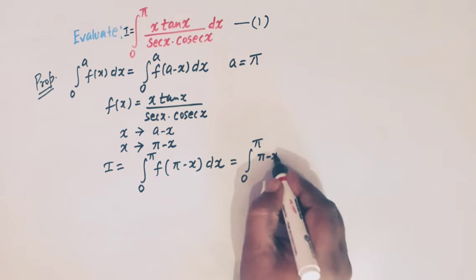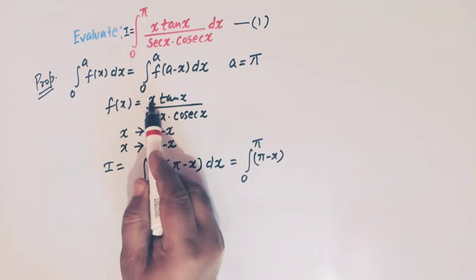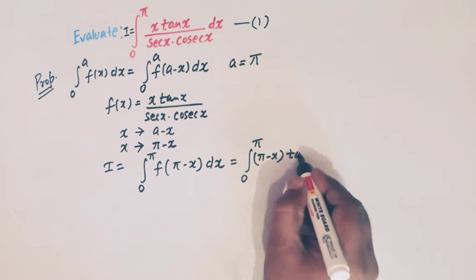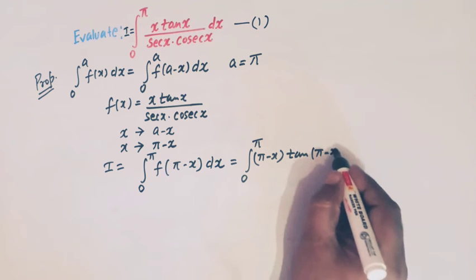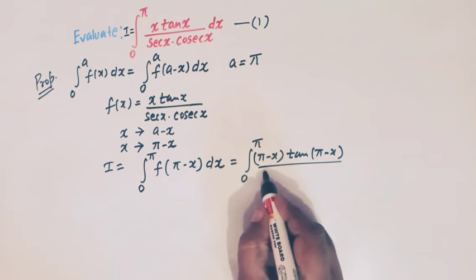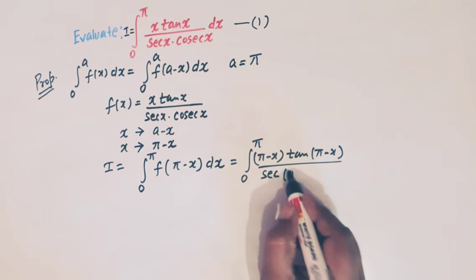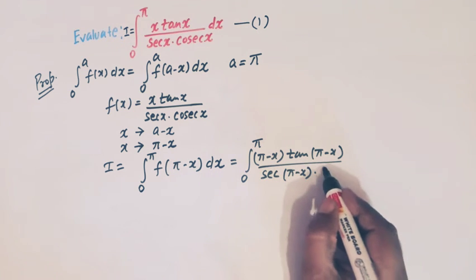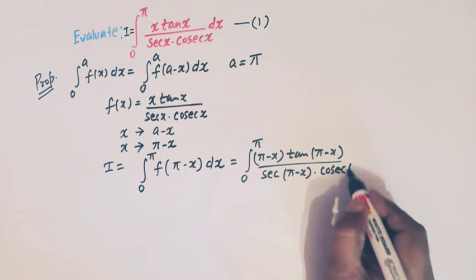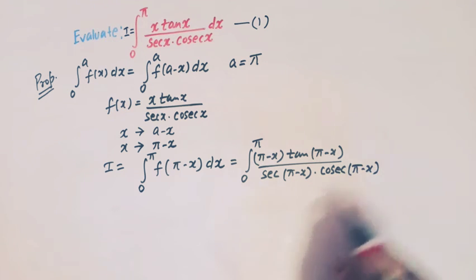So here we have pi minus x for this x, and here we have tan of pi minus x divided by sec of pi minus x multiplied by cosec of pi minus x, right?